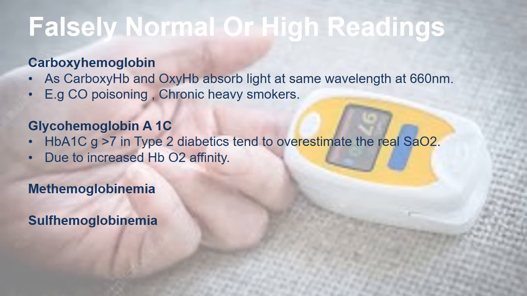The other thing we see is in diabetic patients, the uncontrolled diabetics, in which HbA1c is greater than 7, and this also overestimates the normal SaO2. The other two things are methemoglobinemia and sulfhemoglobinemia. What are these two things? We are going to discuss them in detail in the next few slides.